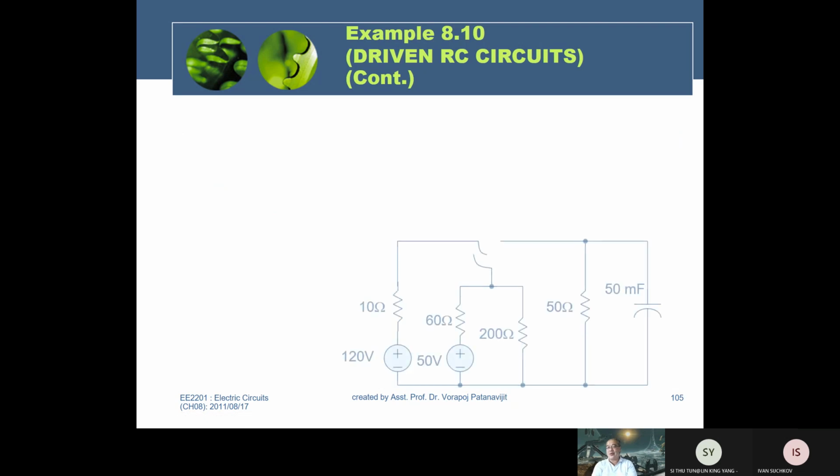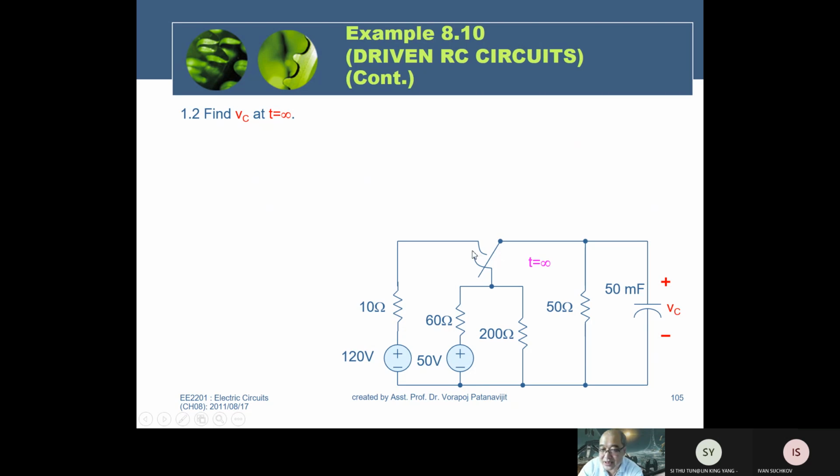The next one, the second part, is at time infinity. What happened? The circuit structure changed because the switch is pressed in the bottom position.